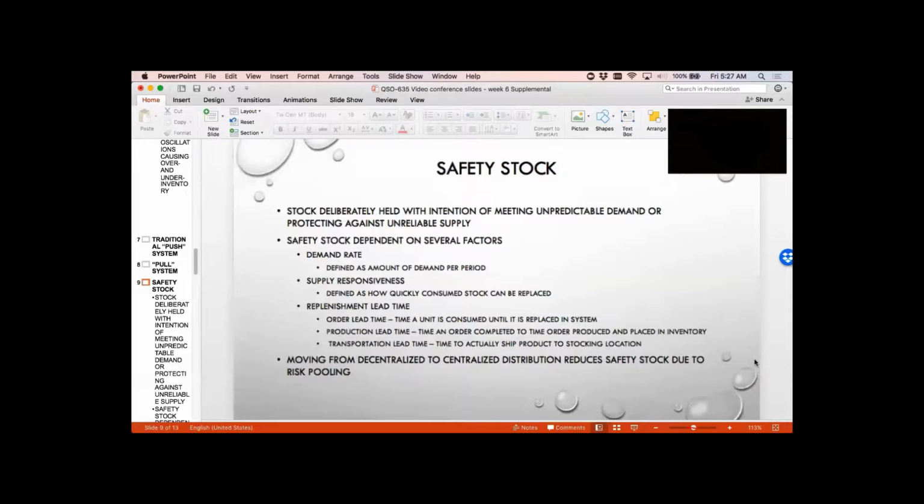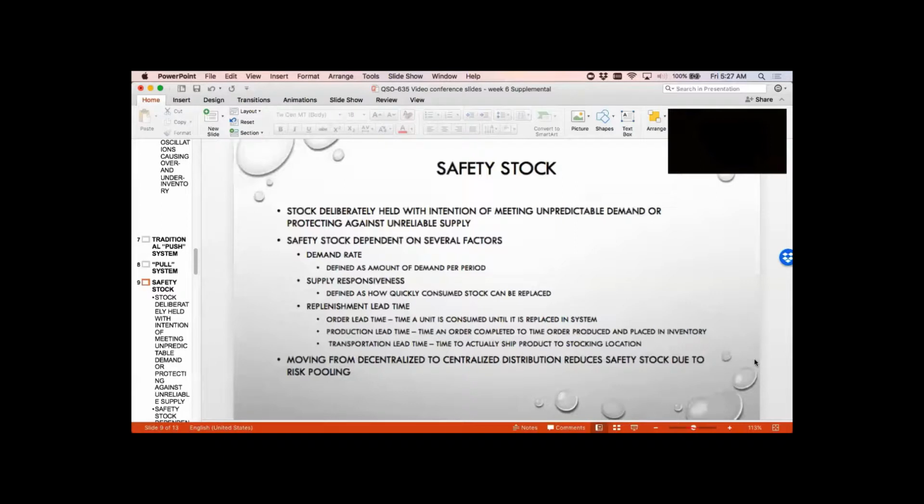So moving from a decentralized to centralized distribution reduces safety stock because of risk pooling. Once again, in my experience, this isn't always true, because you always find outliers. A centralized distribution system has higher variation in general, because the goal of a pull system is to reduce variation within it.